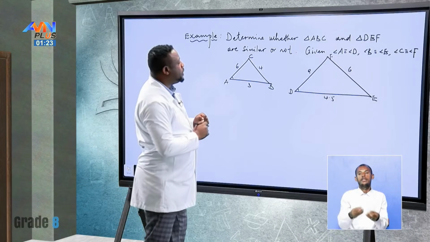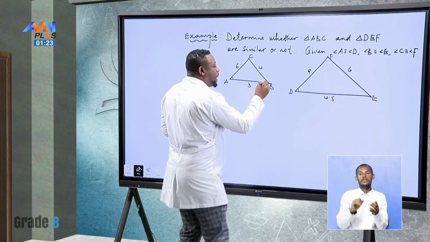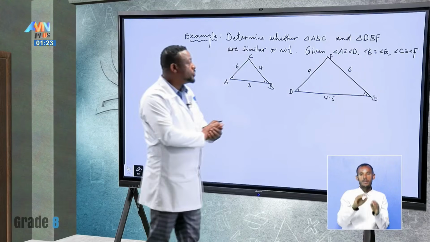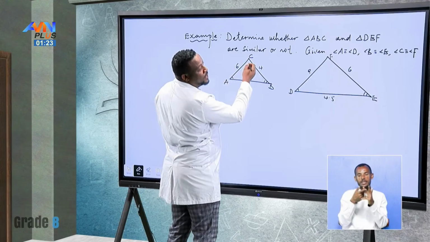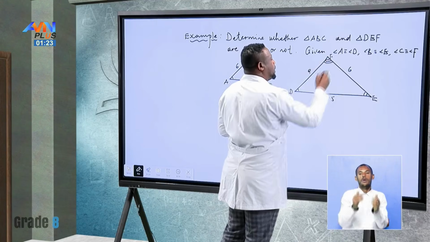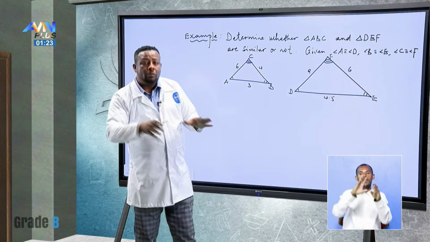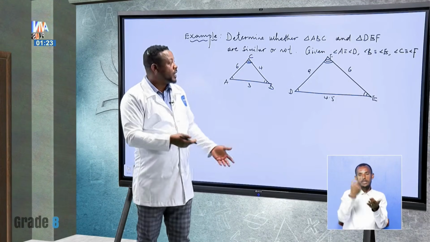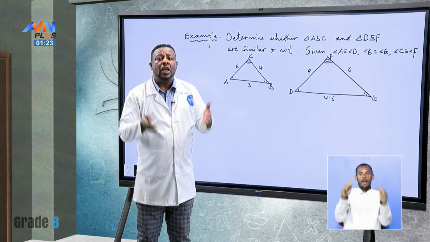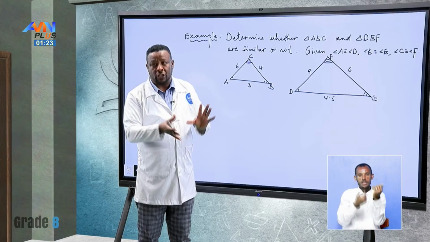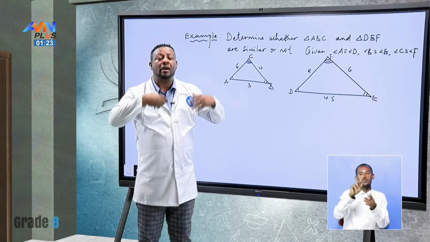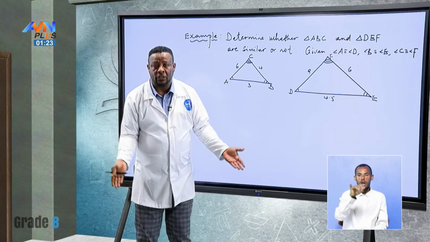The other information is angle B and angle E are the same, and the third angles C and F are congruent. These all are given. The other information about these two triangles is that the side of each triangle is given. So based on this information, we are asked to determine whether these two triangles are similar or not.